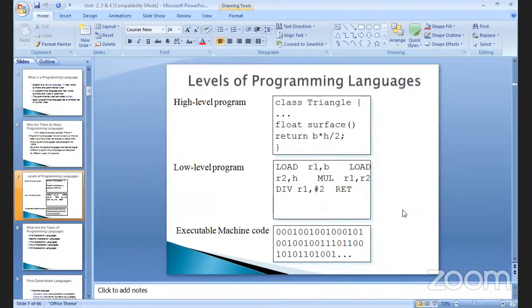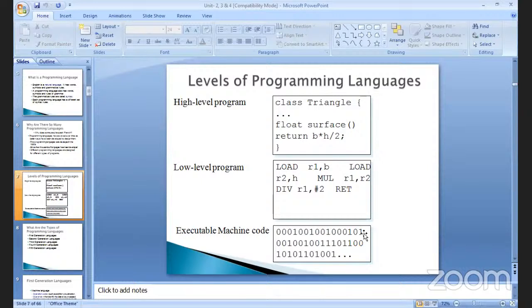Coming to the next level, that is the low level program, and we follow some codes here. As per those codes, the codes will be converted into the language, and finally it will be displayed as the requirement of our program. Next are machine codes, which are useful for executing the program.